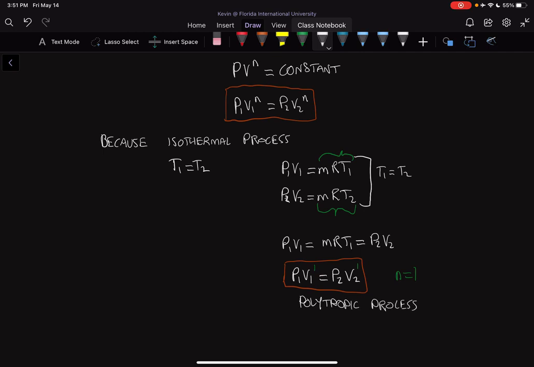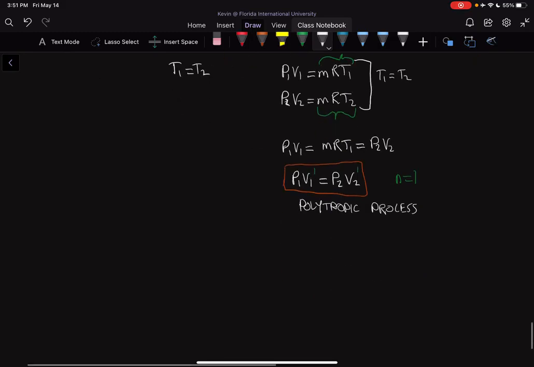So moving on from that, we can now solve the problem. We know that for n equal to 1, now that we know it's a polytropic process, our work boundary is equal to P1V1 times ln of V2 over V1. We still had to find volume 2 and volume 1, and we already have them.